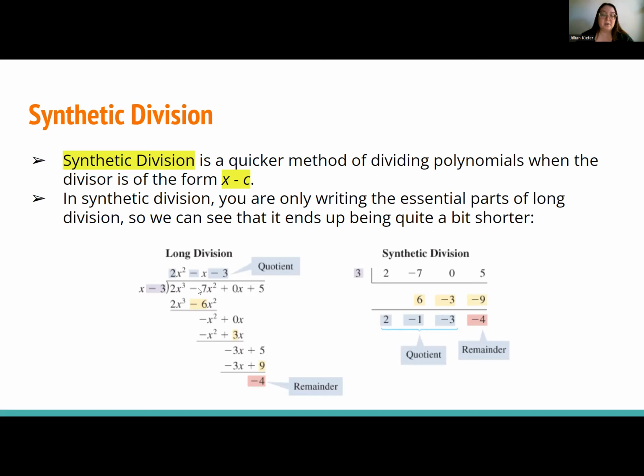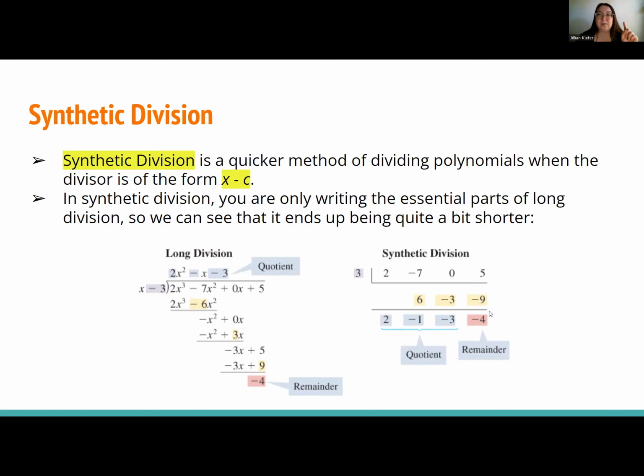So you're dropping those x to the powers of some numbers, and you just have the coefficients. We'll see in the next slide how this is calculated, but it ends up being a lot shorter, a lot easier, a lot cleaner.